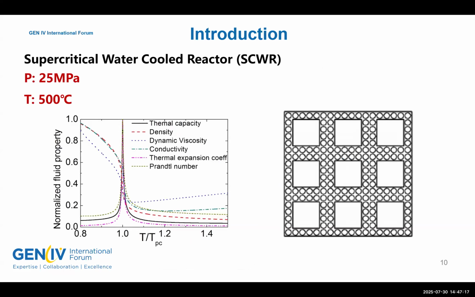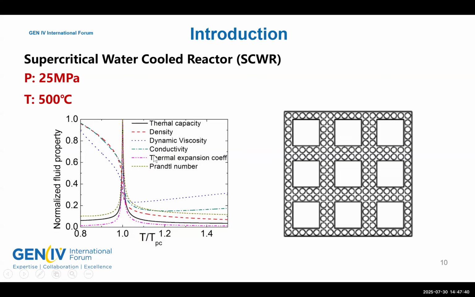And here I will just recall the flow property variation when the temperature crosses the critical or pseudo-critical point.